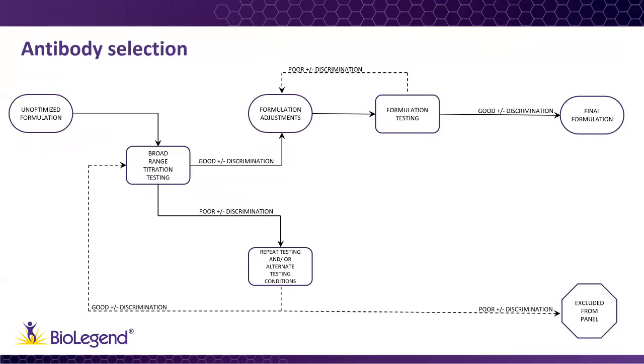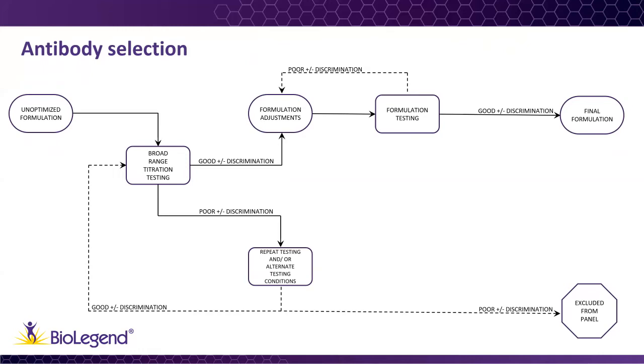Cocktails move from conceptualization to creation as an unoptimized formulation, meaning that the optimal antibody concentrations have not yet been determined. The unoptimized cocktail undergoes rigorous titration testing using primary cells and cell lines under various stimulation conditions. Antibodies that provide good positive and negative cell discrimination are kept in the formulation for further testing.